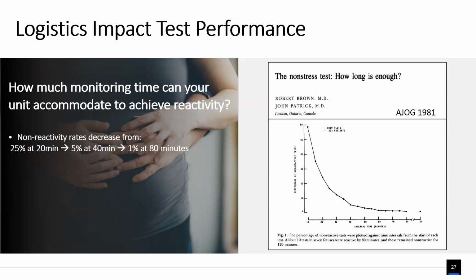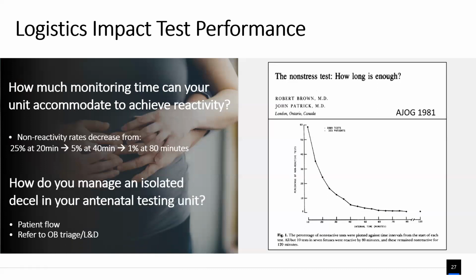However, the general idea is that if you give them a little bit of time, have a little bit more patience, have a little bit of a higher threshold before we intervene and let nature do what it's supposed to do with a watchful eye, maybe we can reduce the false positive risks and reduce our interventions. And as I referred to earlier, same thing with the isolated deceleration.